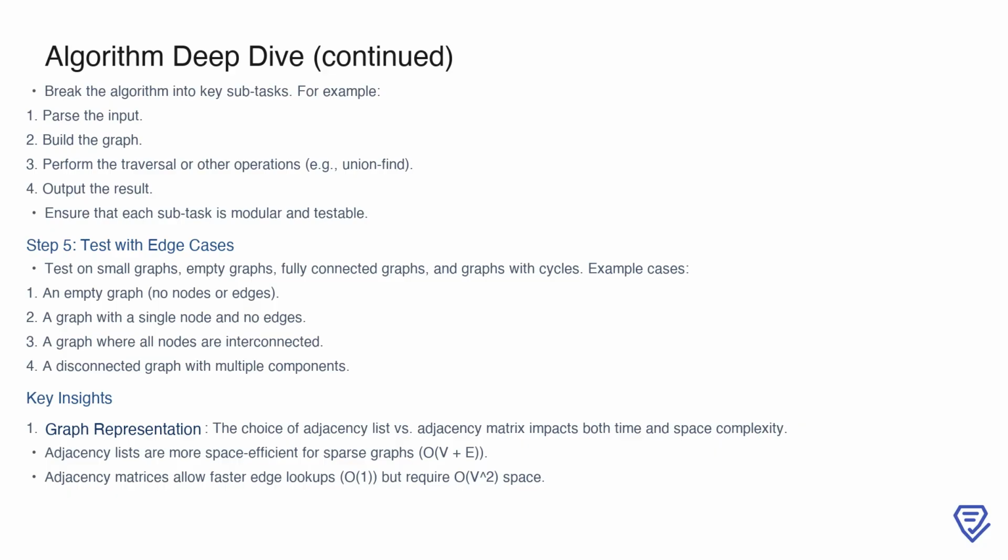Adjacency lists are more space efficient for sparse graphs since their storage scales with the number of edges, O(V + E). On the other hand, adjacency matrices allow for faster edge lookups at the cost of higher space requirements, O(V^2). The representation choice directly impacts the efficiency of your algorithm and should align with the problem constraints.